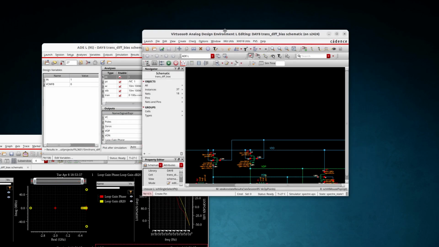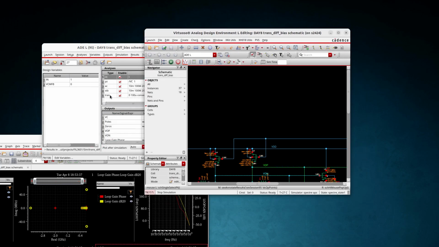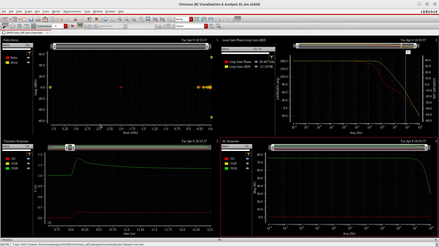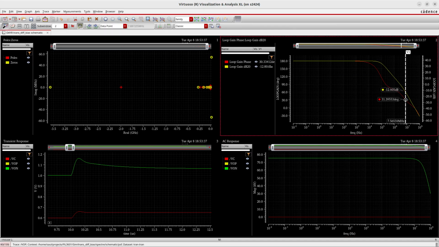Okay, and I check the stability of the circuit. I run the transient and stability simulation to check that it is stable, and then I can get the loop gain and phase here, and we can see that my common mode feedback has around 54 degrees of margin, which is very good.